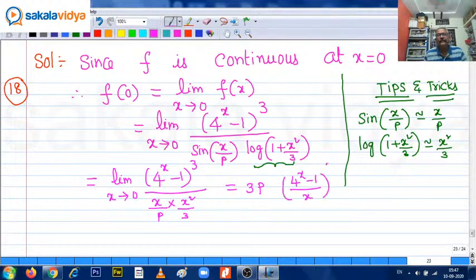Again, one basic fact needs to be remembered: the limit x tends to 0 of a power x minus 1 by x is log a to the base e, log a only.